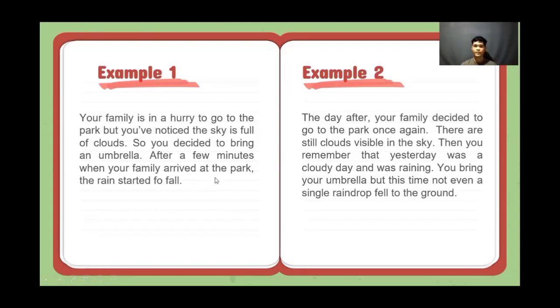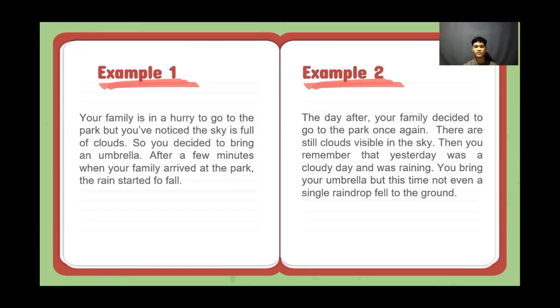The day after, your family decided to go to the park once again. There are still visible clouds in the sky. Then you remember that yesterday was a cloudy day and was raining. You bring your umbrella, but this time, not even a single raindrop fell to the ground.